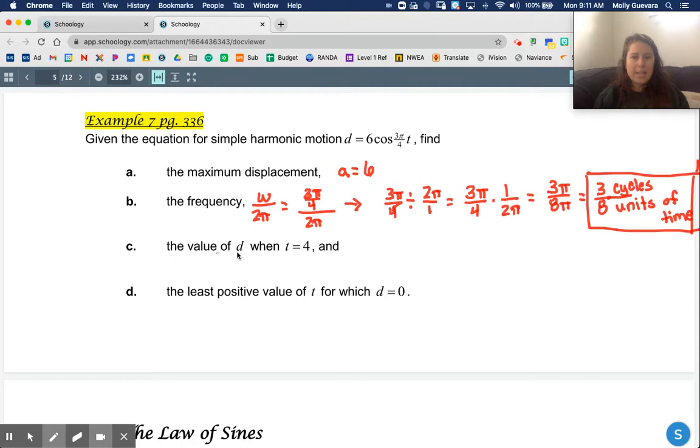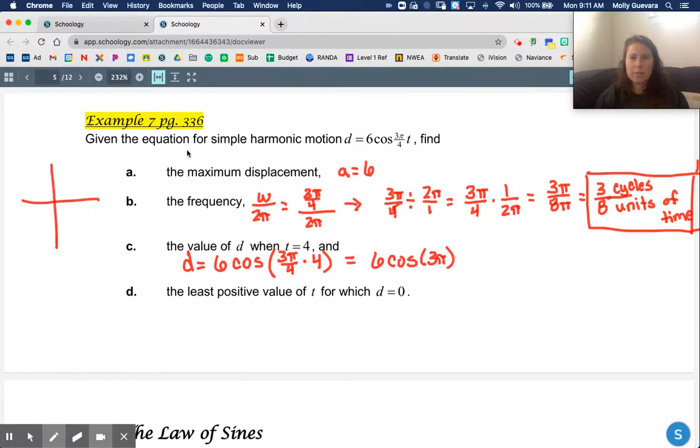Okay, and then we want to find the value of d when t is 4. So I'm just going to plug in 4. So d is equal to 6 cosine of 3 pi over 4 times 4. Well, the 4's can cancel. So I just get 6 cosine of 3 pi. Okay, we're going to use the unit circle here.